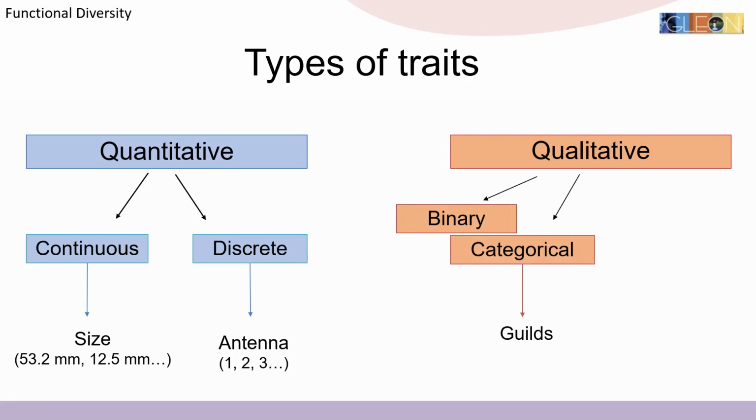For categorical, we could have, for example, the feeding guilds, the trophic guilds. And we also have the ordinal traits, for example, the predator escape, which has a high potential of escape or low escape. Yeah, so we can classify it as ordinal traits.